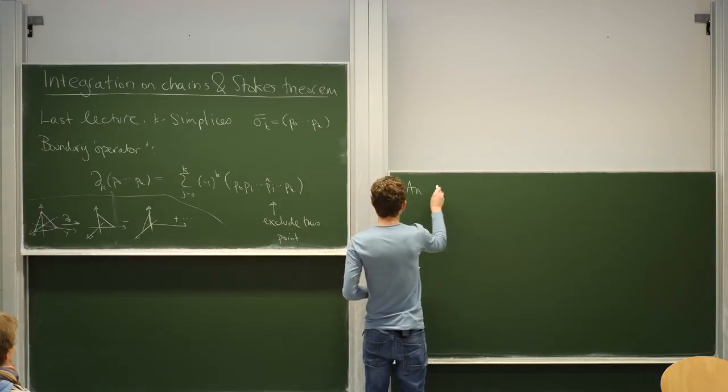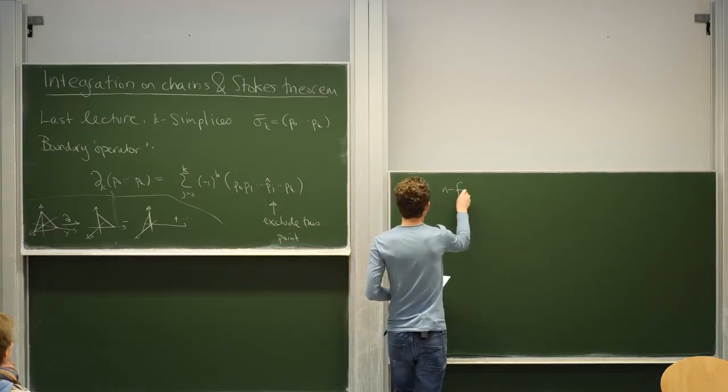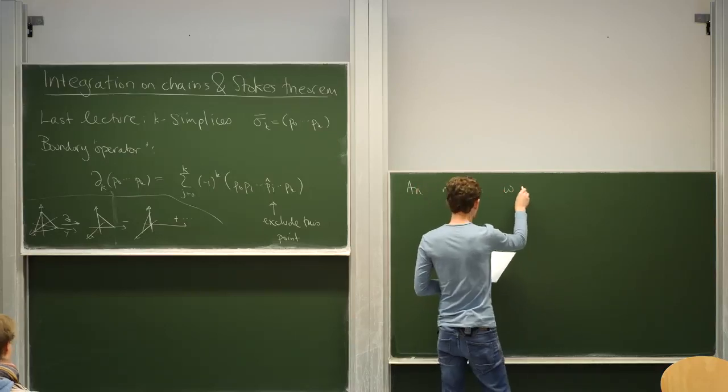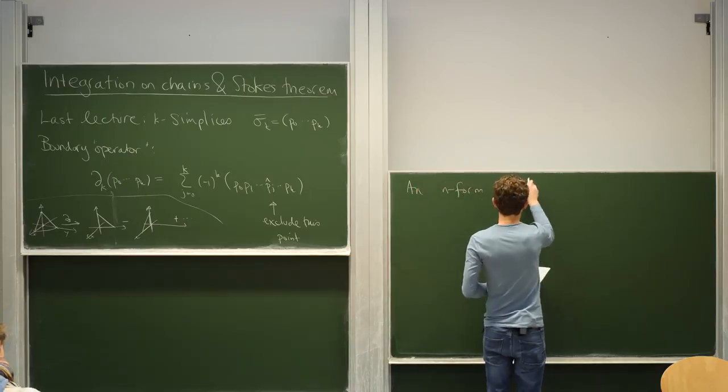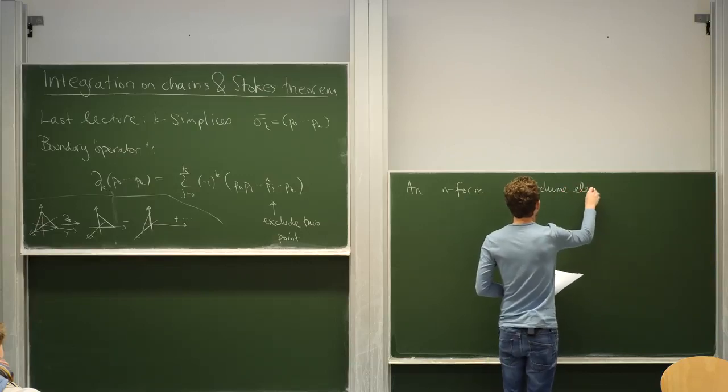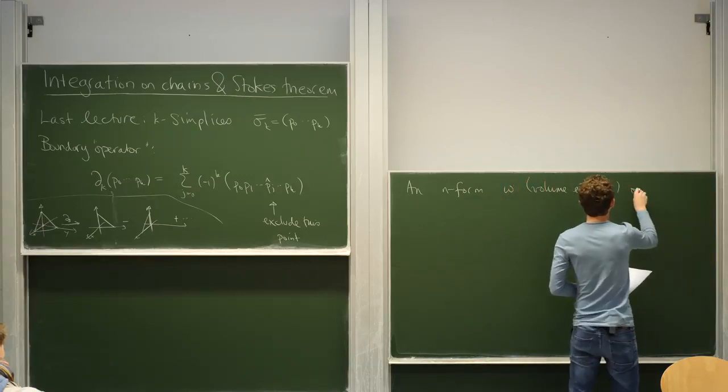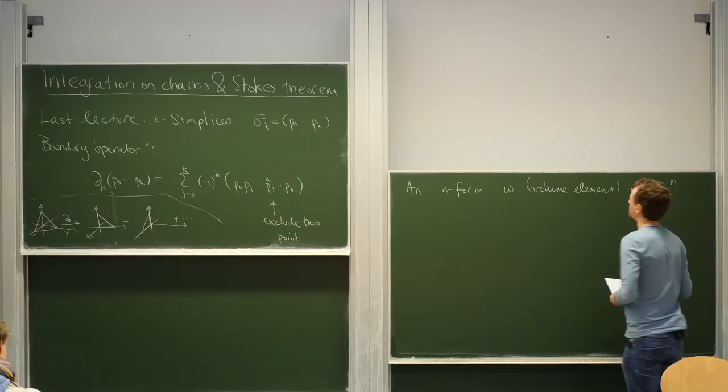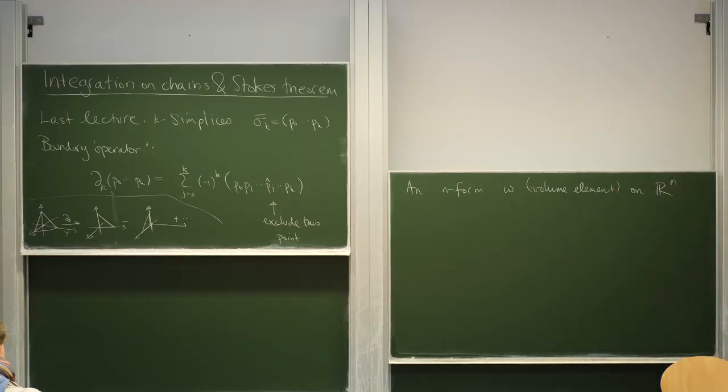So just to recall, an n-form omega, which has the name volume element, because it's on Rn. So when we have an n-form on Rn, we call it a volume element.